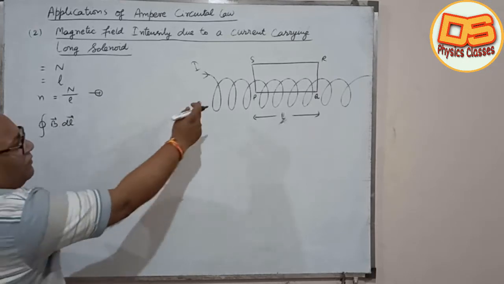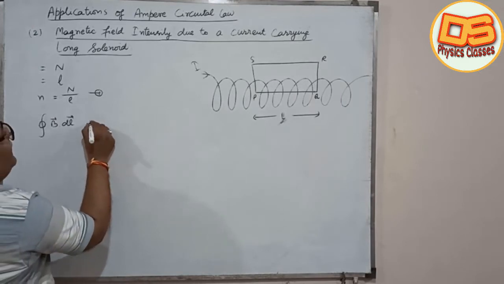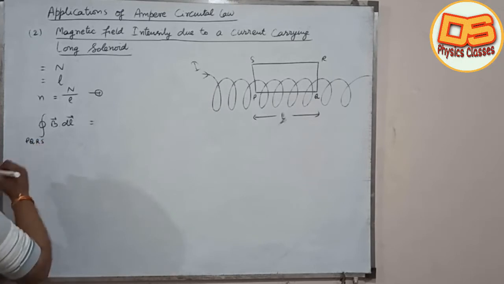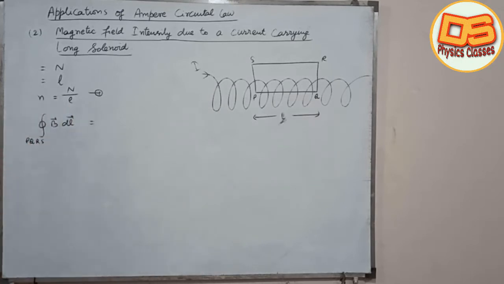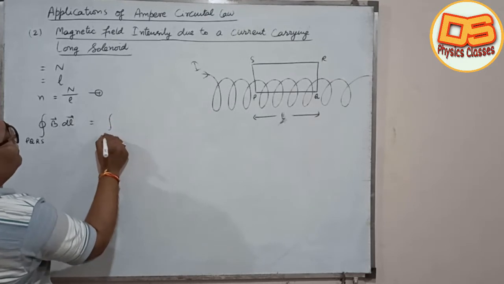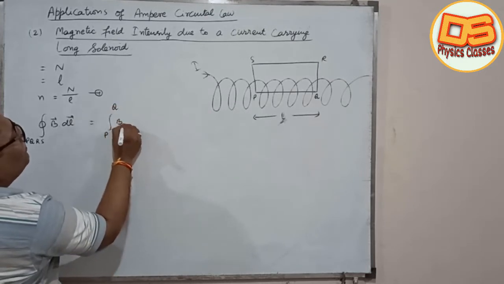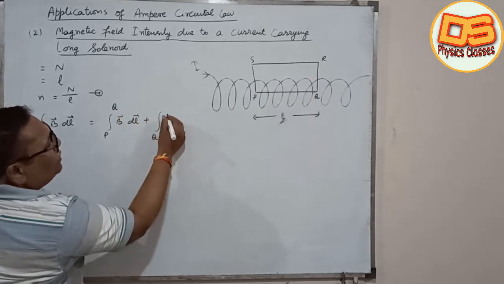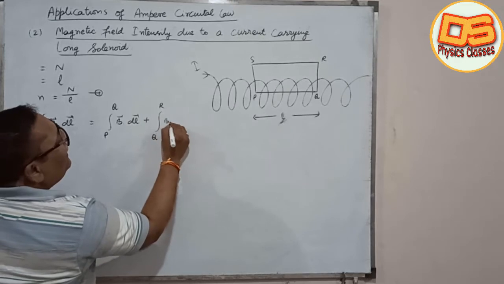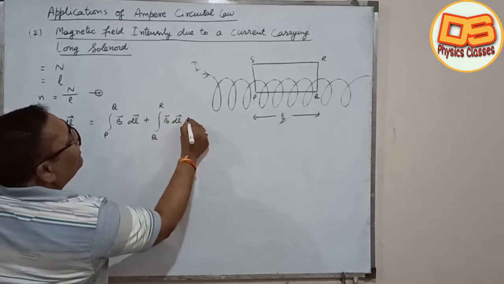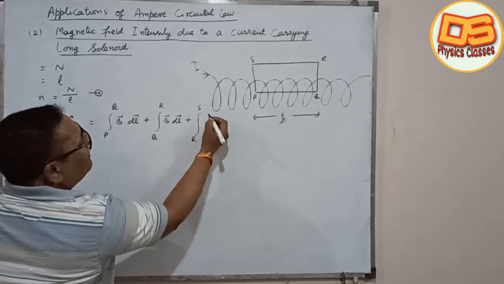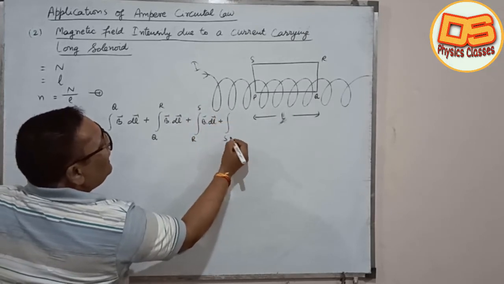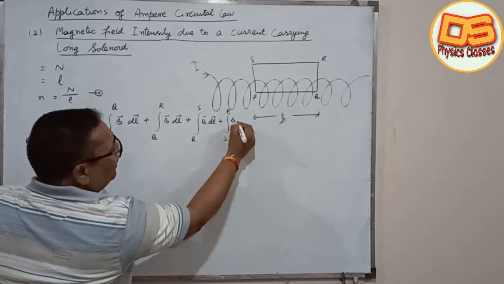And this expression for the loop PQRS is written as: from P to Q, B dot dl, plus Q to R, B dot dl, plus R to S, B dot dl, plus S to P, B dot dl.